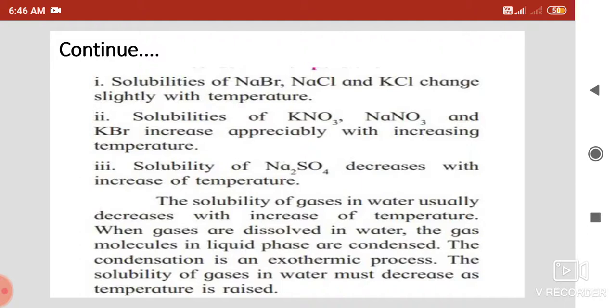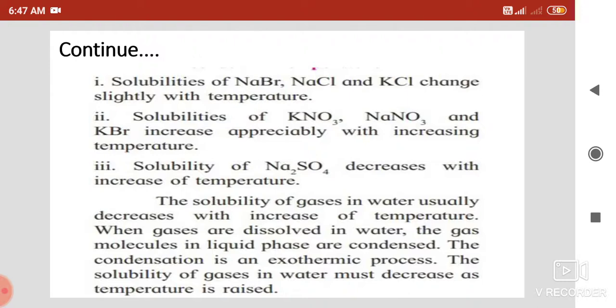Solubilities of sodium bromide, sodium chloride, and potassium chloride change only slightly with temperature, while the solubilities of potassium nitrate, sodium nitrate, and potassium bromide increase appreciably with increasing temperature. Solubility of sodium sulfate decreases with increase of temperature.